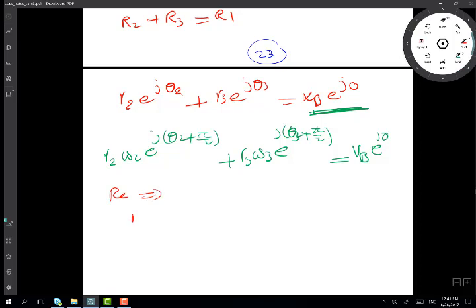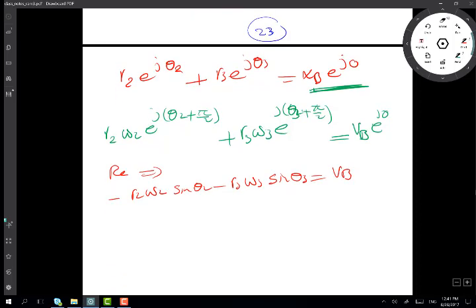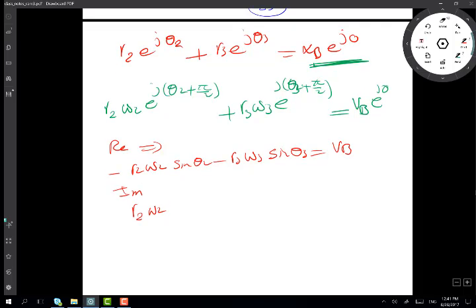From the real part, I have R2 omega 2 times minus sine theta 2, minus R3 omega 3 sine theta 3, equal to VB cosine 0, which is 1, so VB. For the imaginary part, sine of theta plus 90 gives cosine theta, so R2 omega 2 cosine theta 2 plus R3 omega 3 cosine theta 3 is equal to VB sine 0, which is 0.